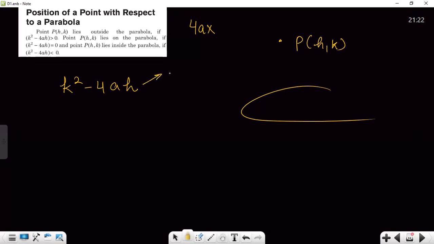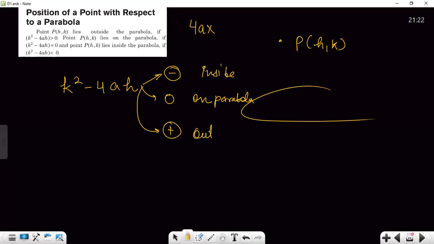If this is going to be negative, then it means that the point is lying inside. If this is going to become 0, then the point is lying on the parabola. And if this is going to become positive, more than 0, then the point is lying outside the parabola.